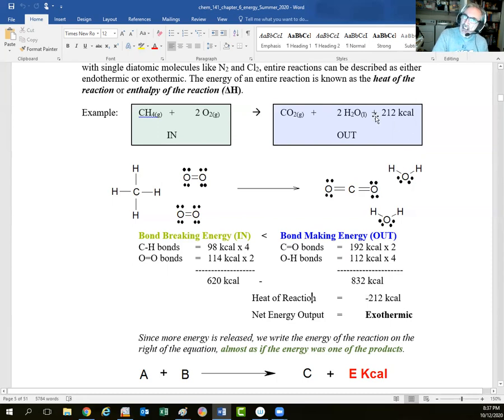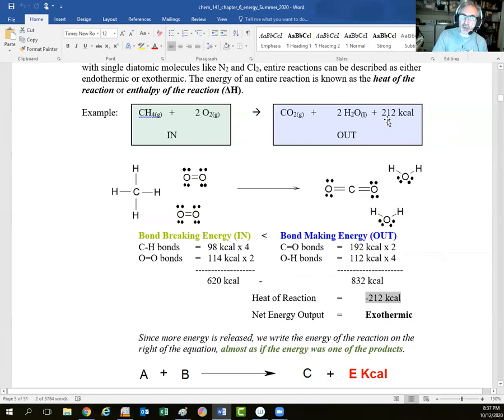If we included that net energy in the equation, we'd include it on the right-hand side of the equation because that's where we write the chemicals which come out of the reaction. And that energy is coming out as well. We only show that net difference. We don't normally bother with the total energy in and the total energy out, just that net difference between everything in and out.